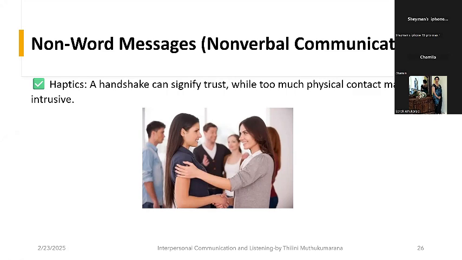There are different ways: hand symbols, you can show thumbs up, you can touch that person, give a handshake, or pat a person's back. So it's up to you how you maintain this official, formal type of haptics. Okay.